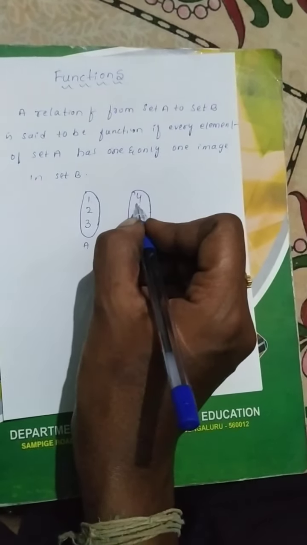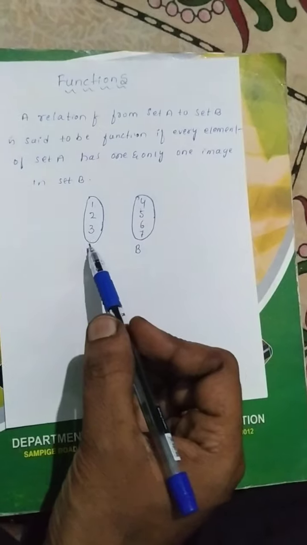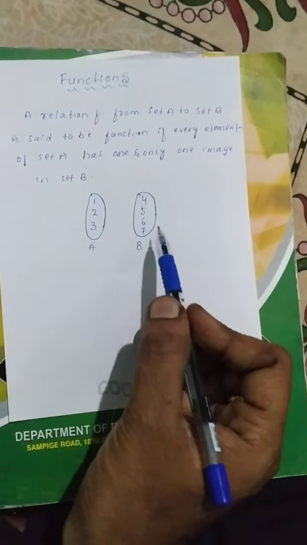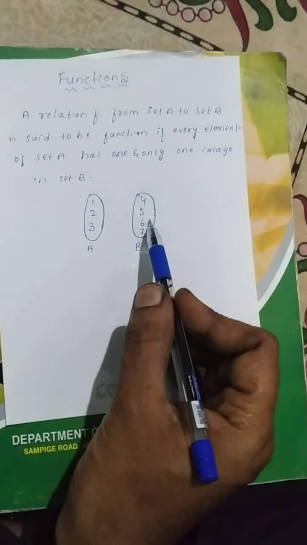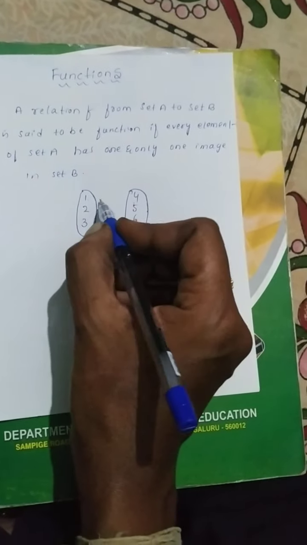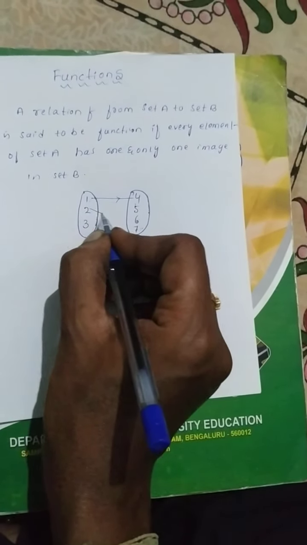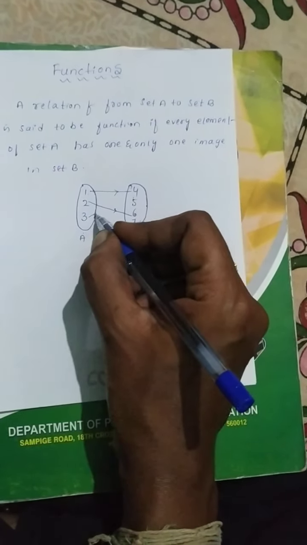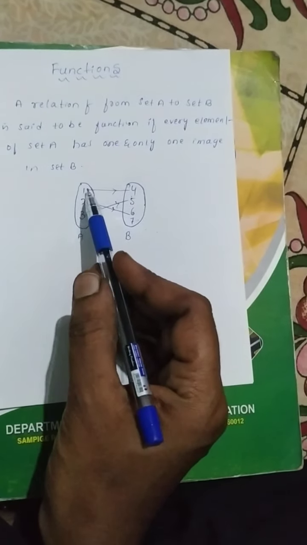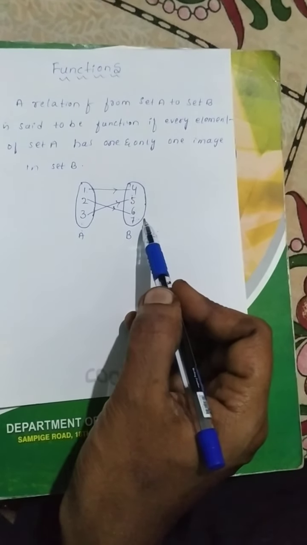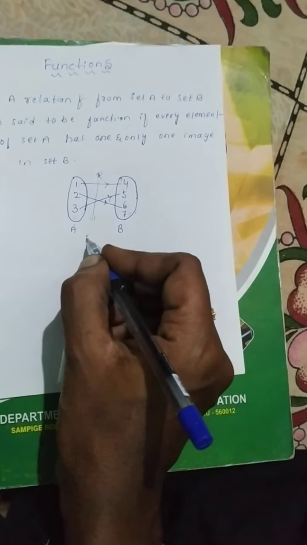So there is a relation between set A and set B. We call a relation from set A to set B a function if every element of set A has only one image in set B. Here is a relation which is mapping like this. Each and every element of set A has an image in set B, and hence I'll call this relation a function.